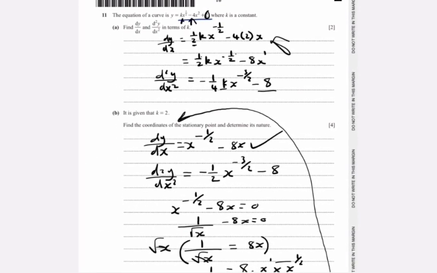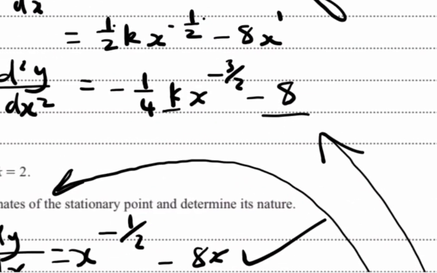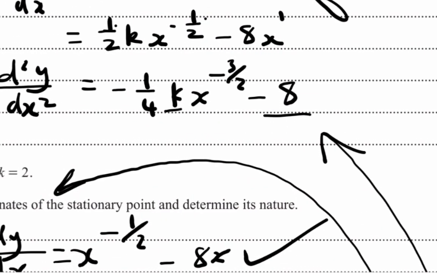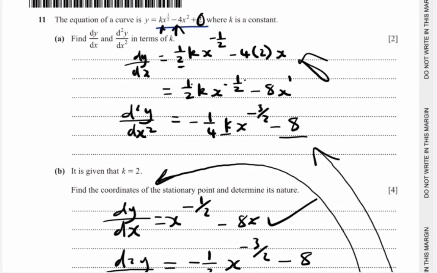And for us to be able to determine the nature, we're just going to substitute this x value into the second derivative. And if we get a value that is greater than 0, it means it's a minimum. And if we get a value that is less than 0, it's a maximum.